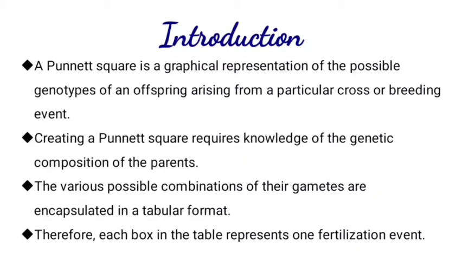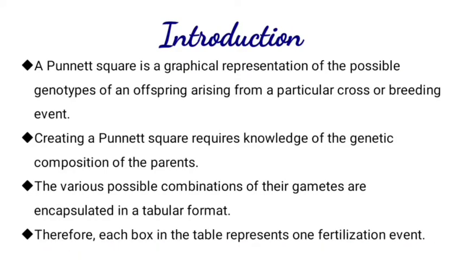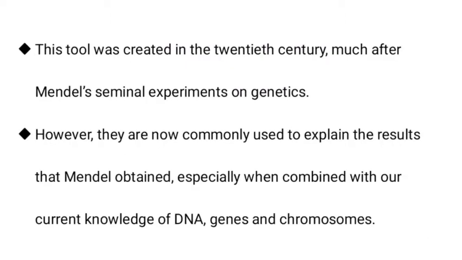To create a Punnett Square requires knowledge of the genetic composition of the parents. The various possible combinations of their gametes are encapsulated in a tabular format. Therefore, each box in the table represents one fertilization event.